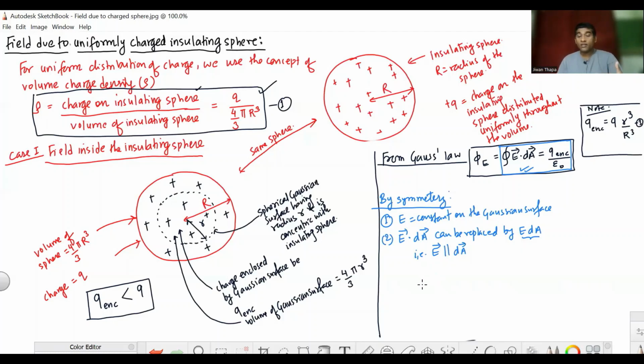There are other conditions for symmetry also, so I'm taking these two conditions. If you want to know more about the condition of symmetry for uniform charge distribution, you can visit my lecture video. I'm going to add the link in the description.